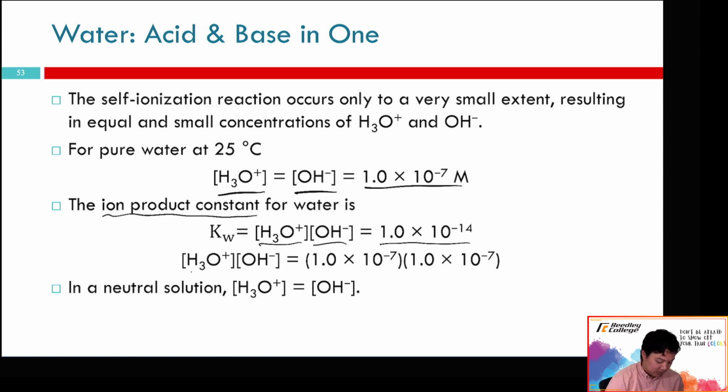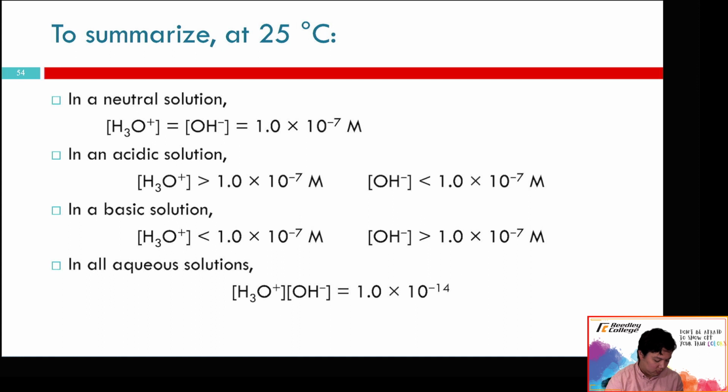We get that because it's 1 times 10 to the negative 7 times 1 times 10 to the negative 7. So in a neutral solution, we have an equal concentration of both.